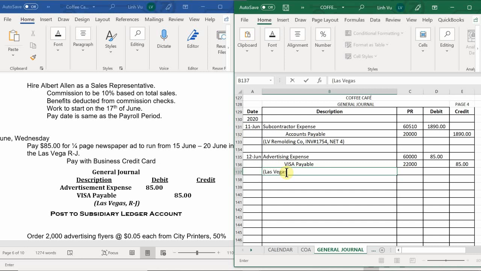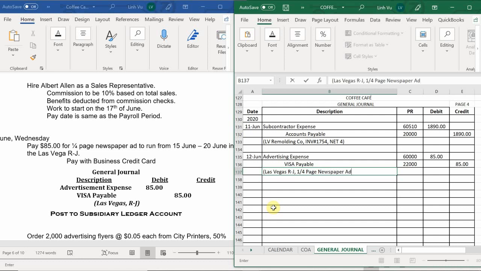Las Vegas RJ, which could stand for Review-Journal, the newspaper. And then you can even write here that you paid for a fourth of a page for advertisement. So, a quarter page newspaper ad, and that's pretty much it.